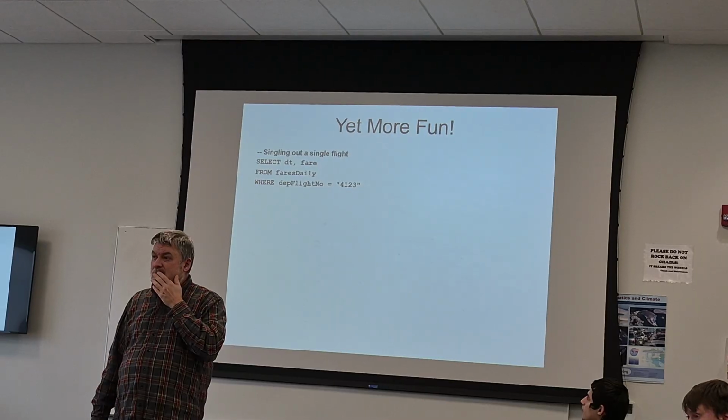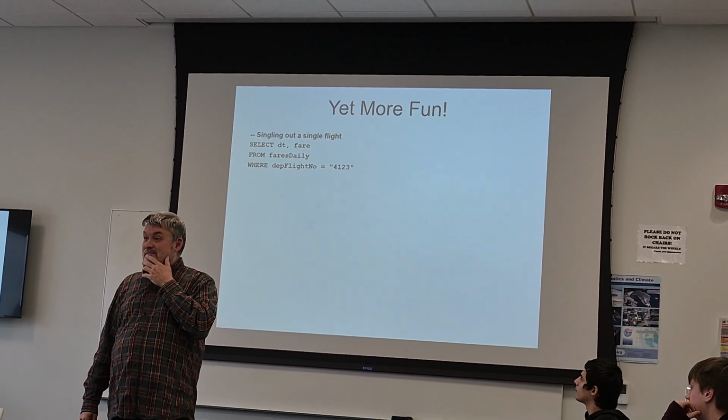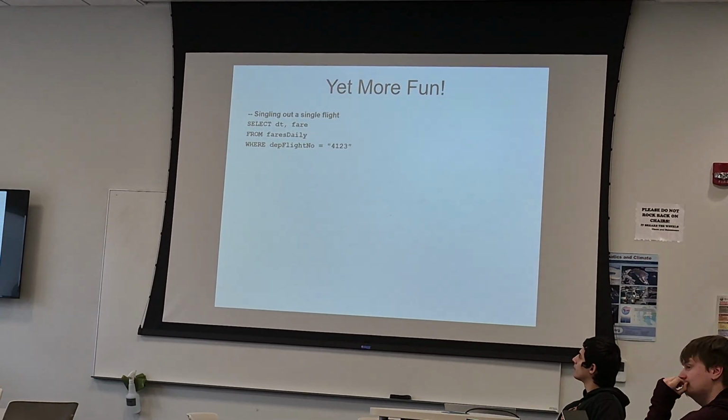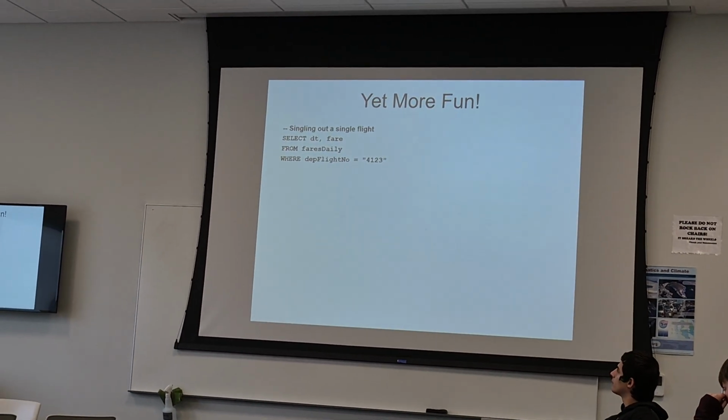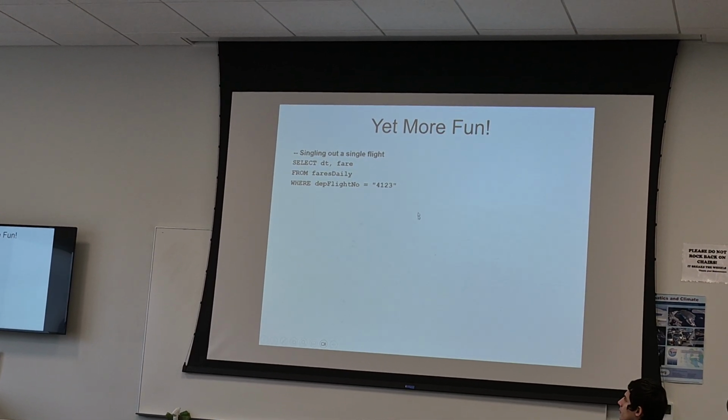Just the date and the average fare from flight number 4123. Yeah. Oh, I guess before I've talked about the order by clause, which just sorts things in a particular order.